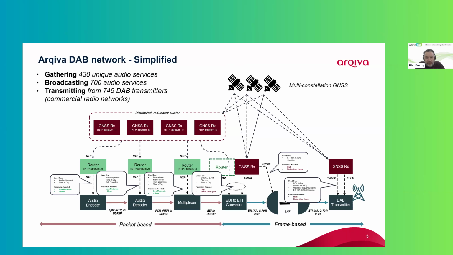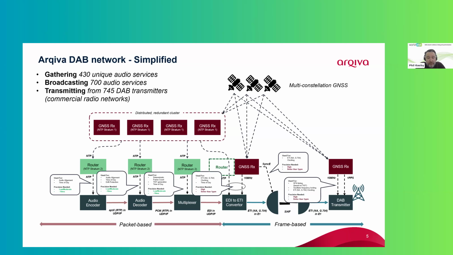So just to give you an idea of the scale, obviously this is just a high level simplified diagram, but this network is very large. The actual scale of it is that we actually have 430 unique audio services. So those audio encoders are hardware codecs, which we have at a very large number of studio sites.